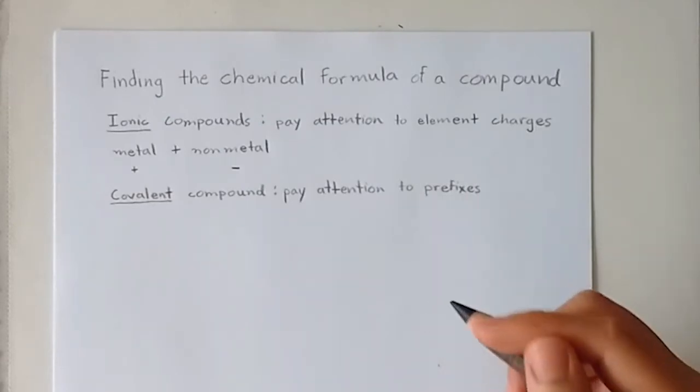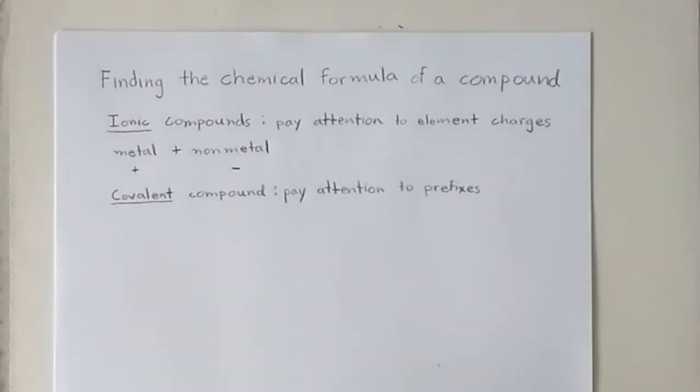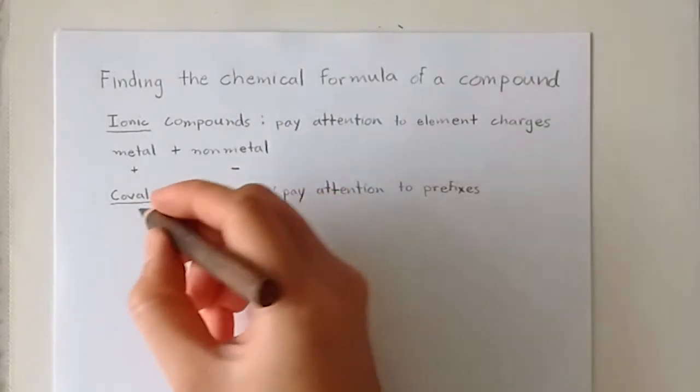Remember from the other video, on finding the name of a chemical formula, the prefixes can be mono, di, tri, tetra, penta, hexa, hepta, octa, nona, or deca, each indicating a certain number, and those numbers will tell you the number of atoms for that element. And remember that covalent compounds are made up of two nonmetals.